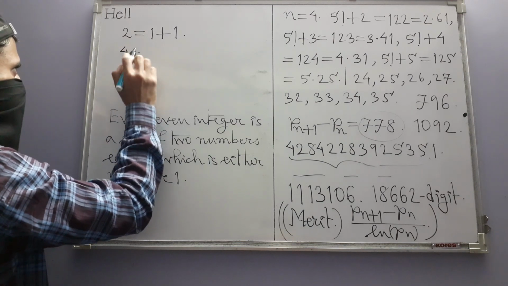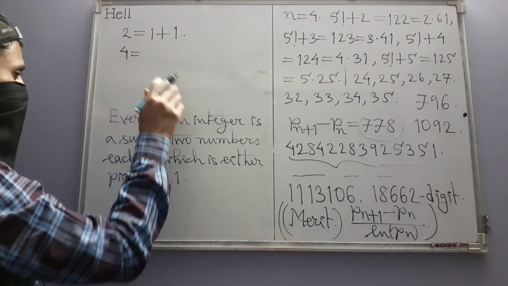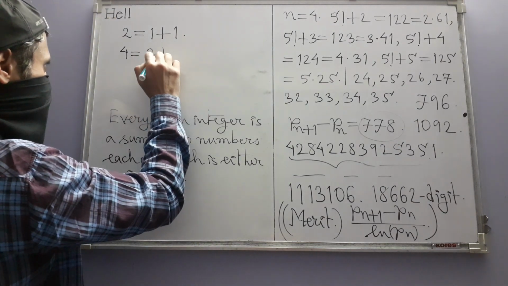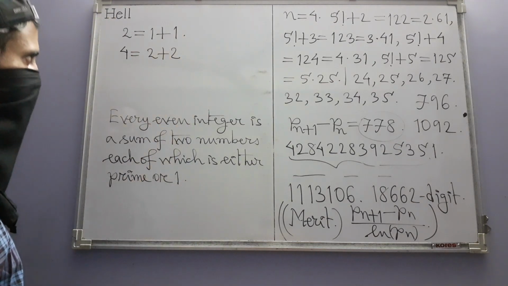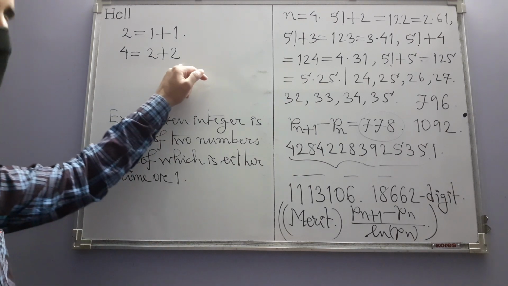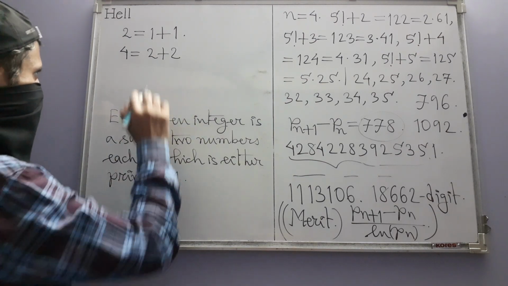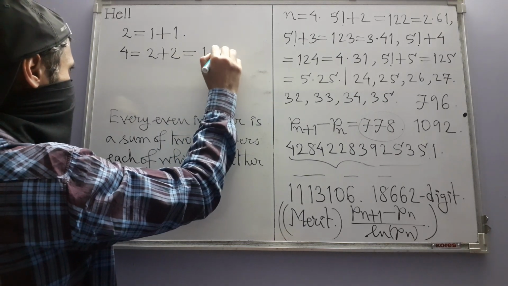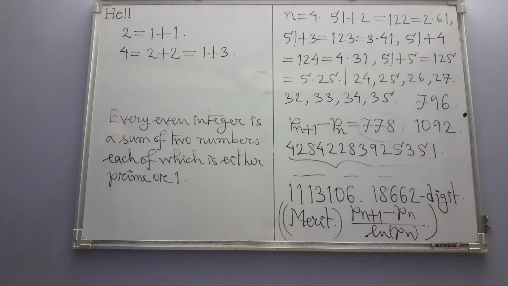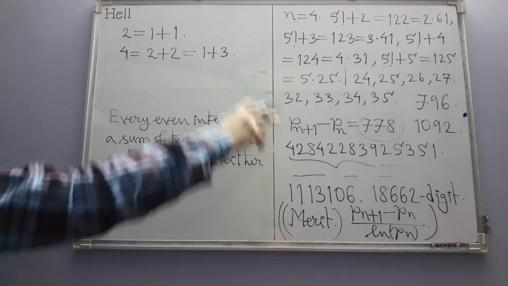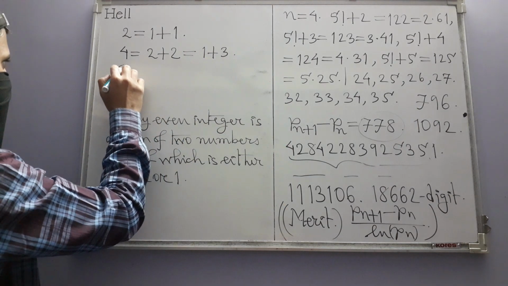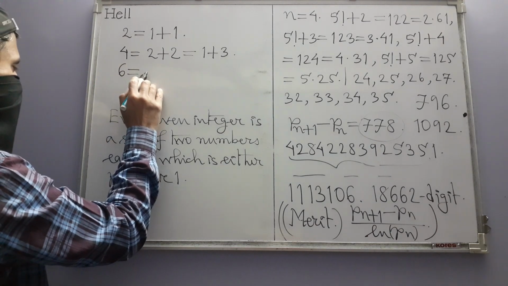Then we come to 4. Now 4 can be written as a sum of two primes. That is, those two numbers in this case are prime. Both of them are the same, but at the same time you have this representation also. One of those numbers is a prime and the other one is 1. What about 6?